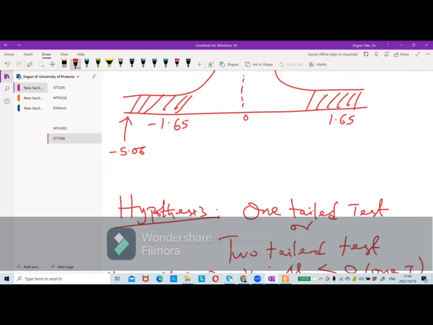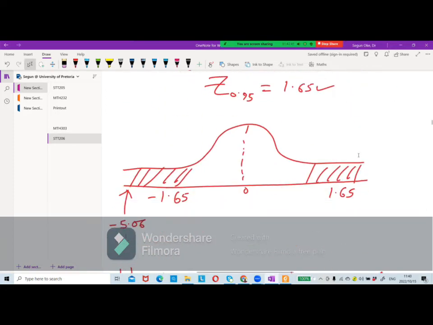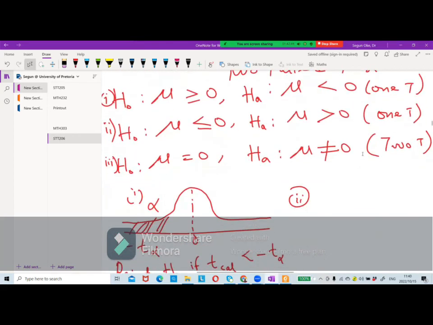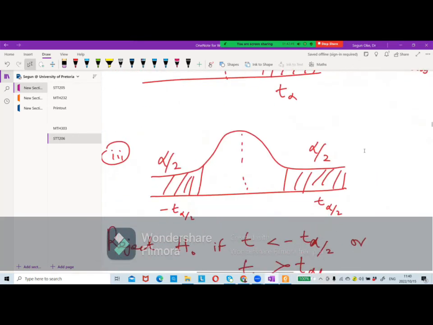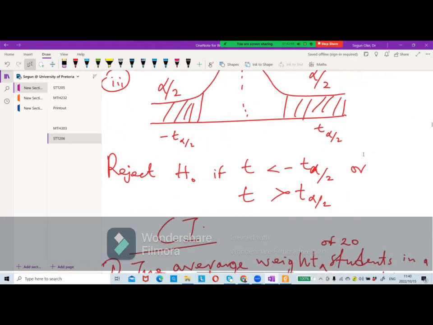Now the question is, at this point, are we to accept or to reject the claim of the man? Do you think the man is right or the man is wrong? Because you can only reject. Look at the condition that will make you to reject.